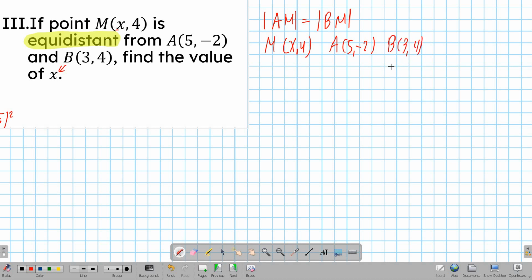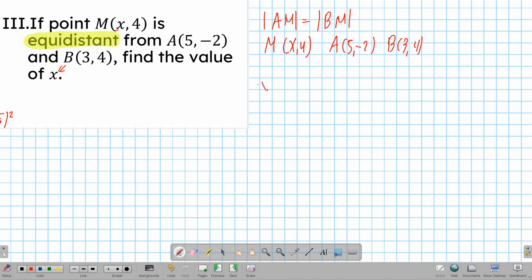So from here, if we want to find AM, hindi naman sila magkaparehas, although we're not sure if A and M are actually the same. We don't know if x is equal to 5. So to be safe, we'll simply use the distance formula.